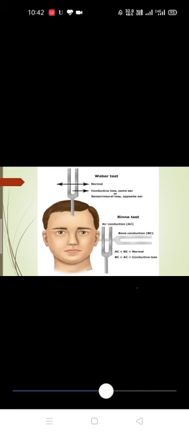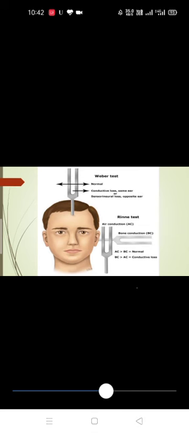For the Weber test, what you will do, and for checking the hearing loss you need a tuning fork. Okay, a tuning fork is necessary. Here you will strike the tuning fork and put it on the forehead, and you will ask the patient if he can hear the vibration equally in both ears or not.